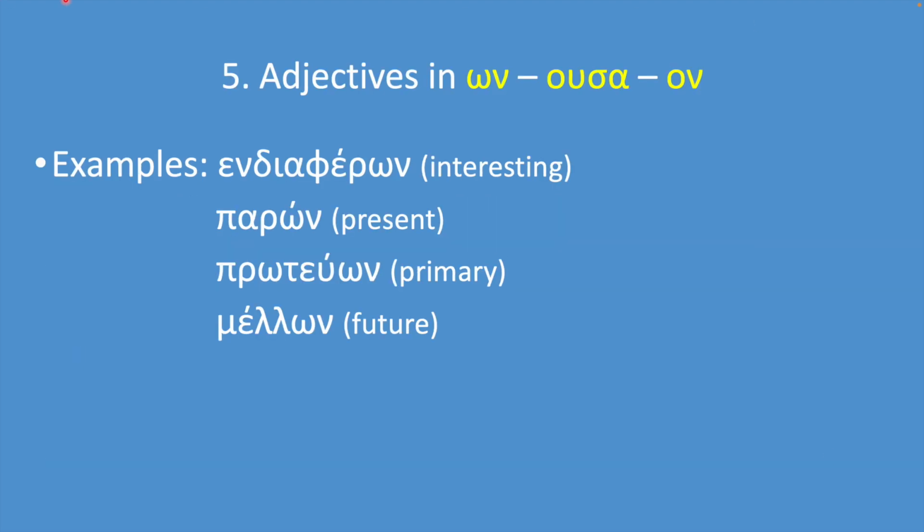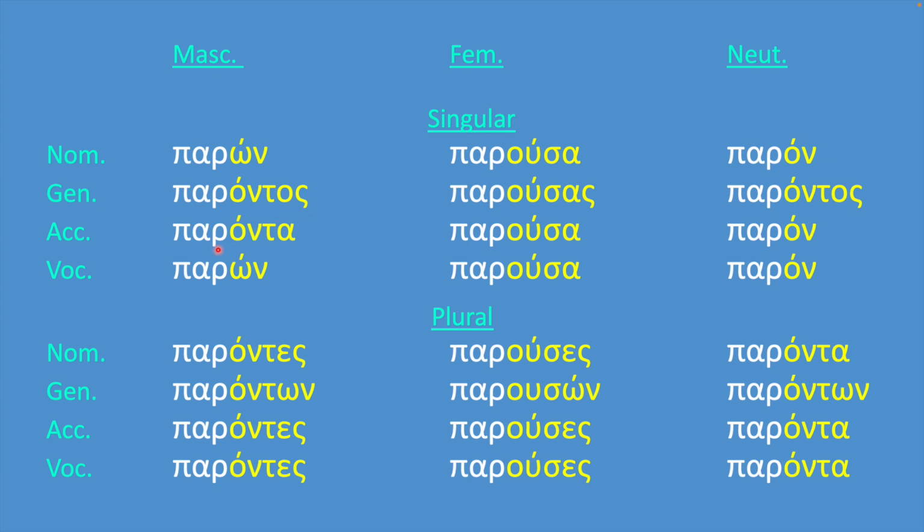Number 5, adjectives in on, ousa, on. For example, ενδιαφέρον, παρόν, πρωτεύον, μέλλον. Παρόν, παρόντος, παρόντα, παρόν. Παρόντες, παρόντων, παρόντες, παρόντες. Παρούσα, παρούσας, παρούσα, παρούσα.